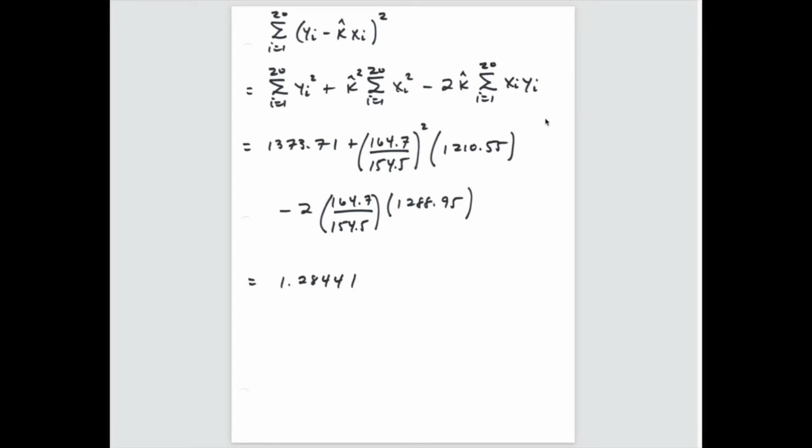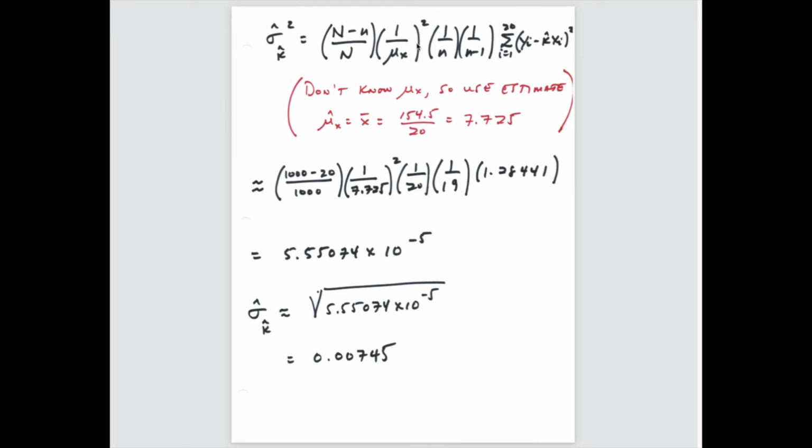And then we just put these quantities together according to this formula. When we do that, and you can see the calculations here, we get a value of 1.28441. So that is the value of this expression here, which is part of the formula for the estimated variance of k hat.